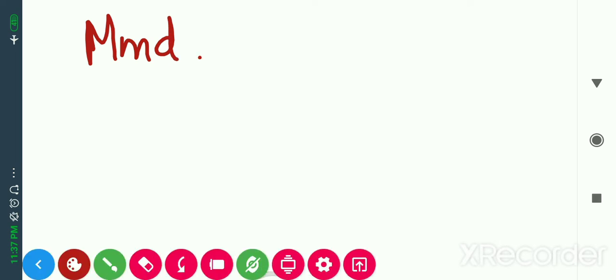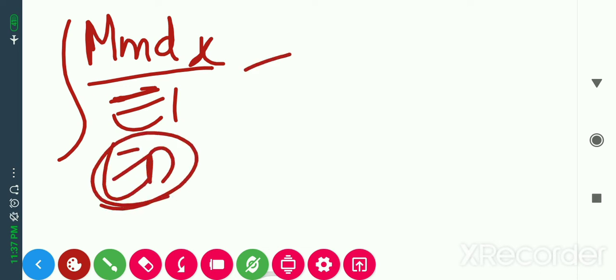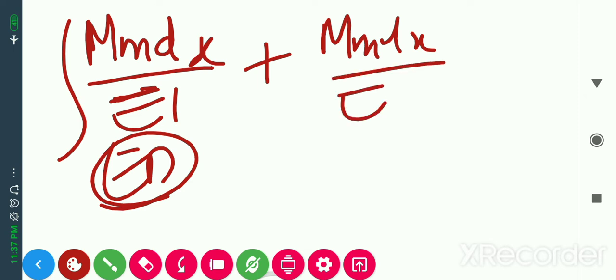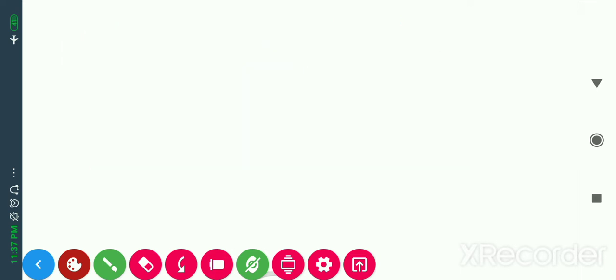What is M m dx by EI for part ED plus M m dx by EI integration for part DC and so on. Okay, so let's put on the values of M and small m from the calculations we have derived earlier.